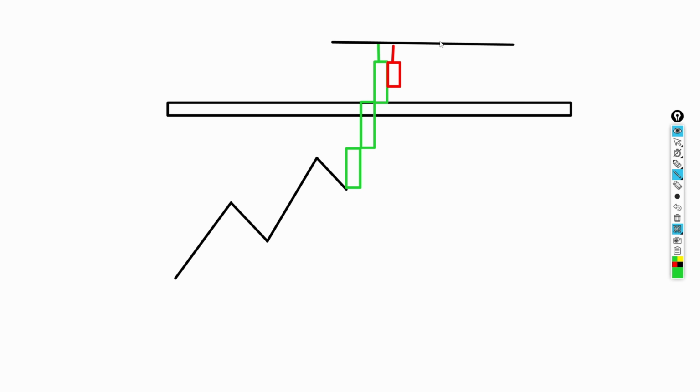And let me draw the candle. It can be like this and like this. Once you have this, you are now ready to enter the trade. Now how can you take the entry? It's very simple. You don't have to wait for this particular candle to close.